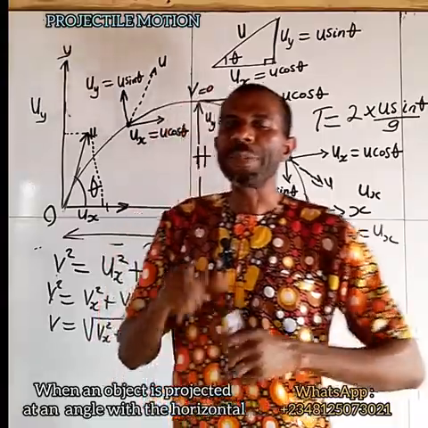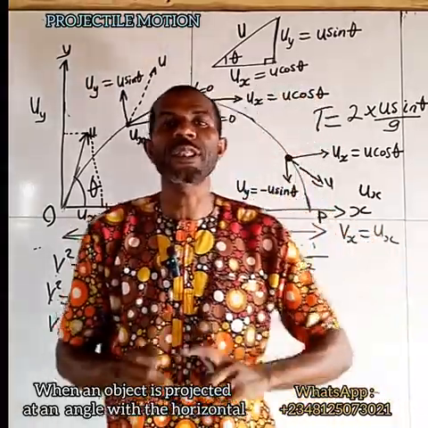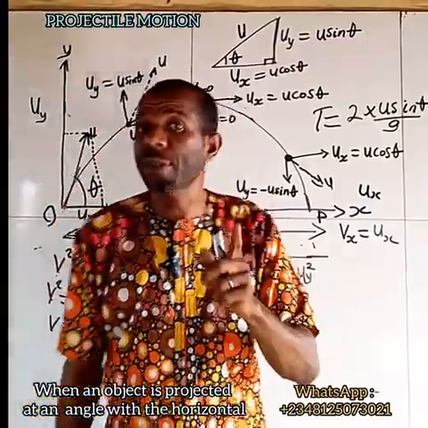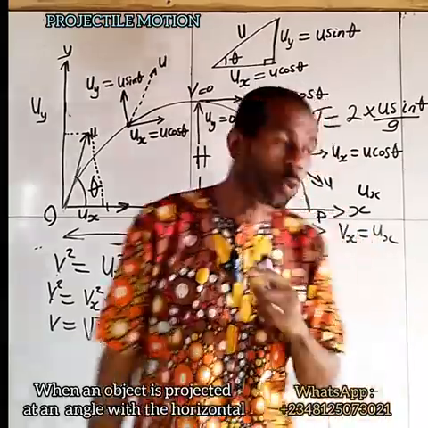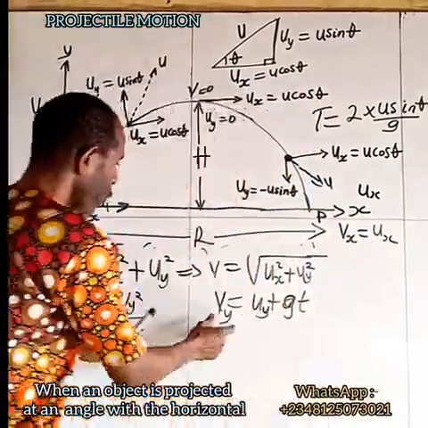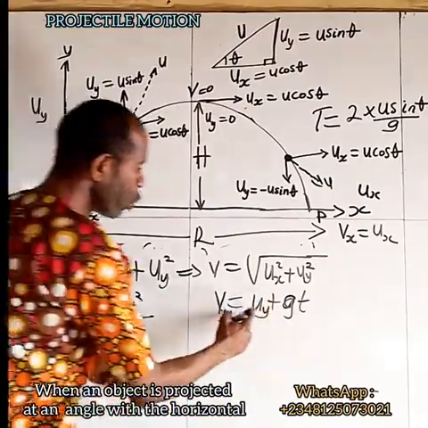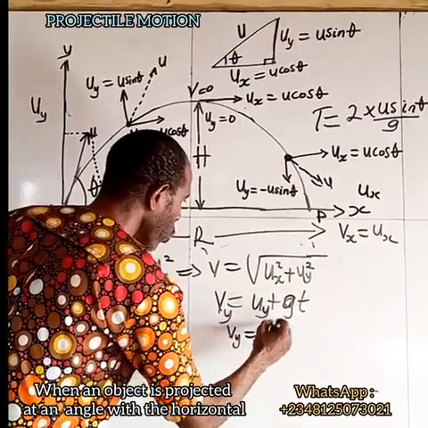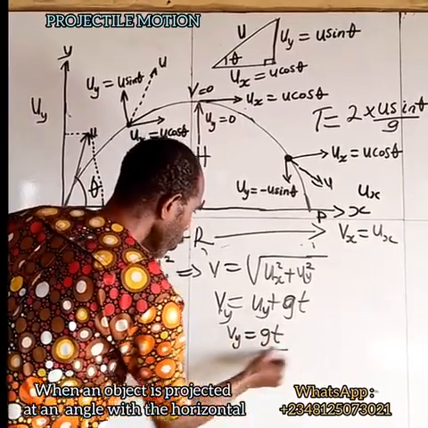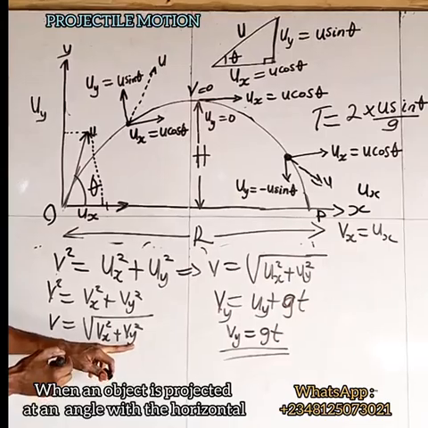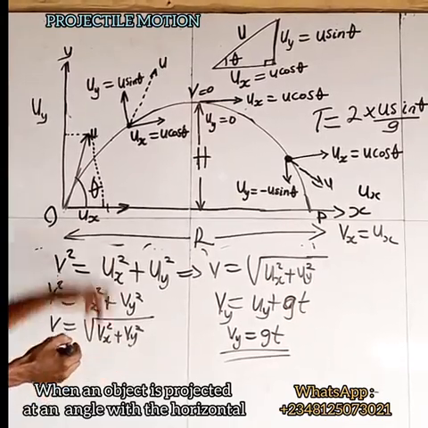Let's say 2 seconds after the object is launched. So this time is not the time to reach the maximum height, and it's not the time of flight. In your calculation, you must take note of that. Then from here, we can get our vy. Uy is 0, so we have vy equal to gt. This is the vertical component of this velocity.